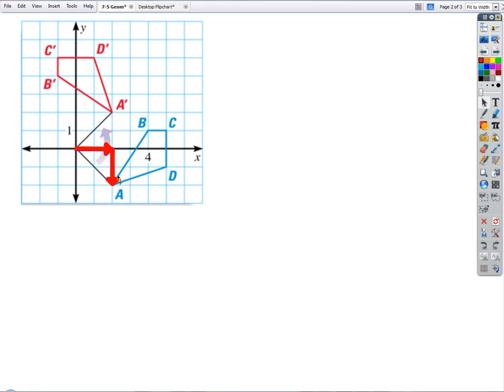Take each one of those and rotate them 90 degrees. Let's do the same thing, 90 degrees counterclockwise. So the 2 to the right becomes 2 up. The 2 down becomes 2 left, right? 2 left, correct.